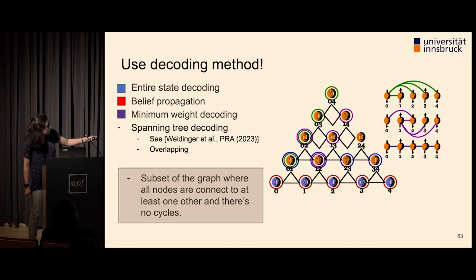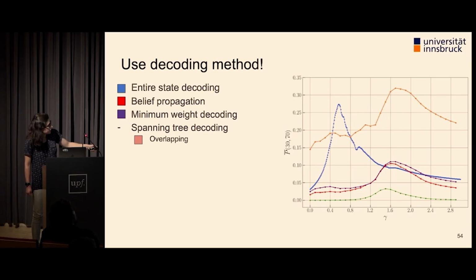In this case, I've used overlapping spanning trees, which means I've allowed qubits to participate in more than one spanning tree. If we look at the performance of the spanning trees, we see that they perform much better at improving the success probability than our other two decoding methods that we used previously. I'll get on to why this might be the case in a couple of seconds.